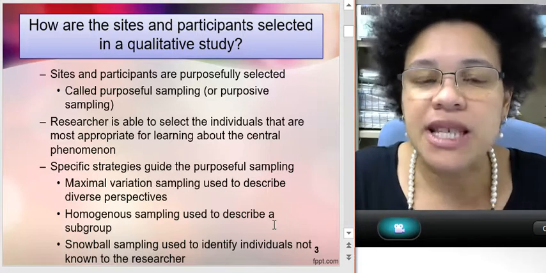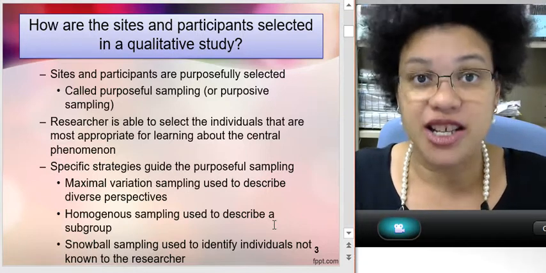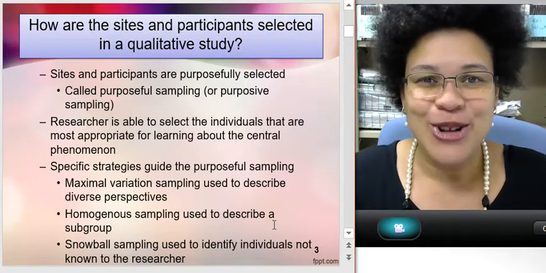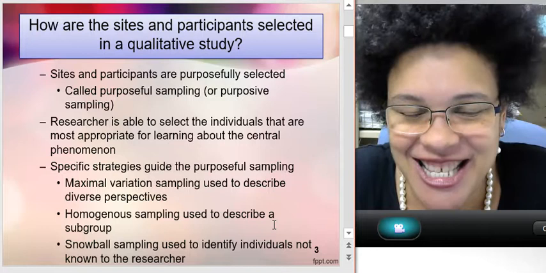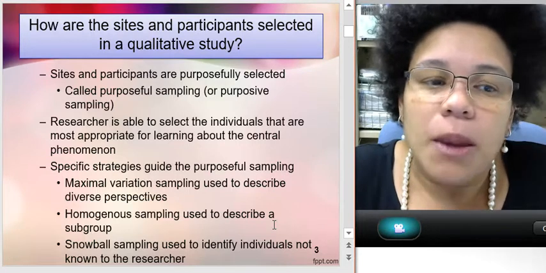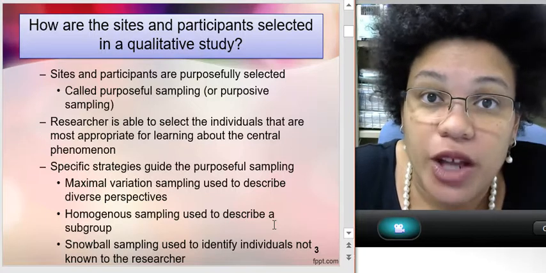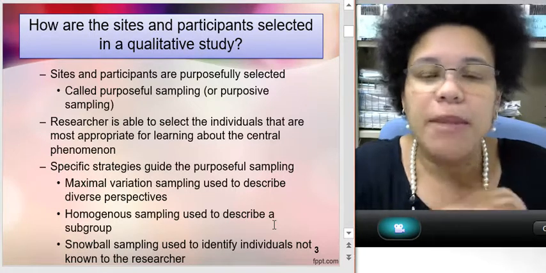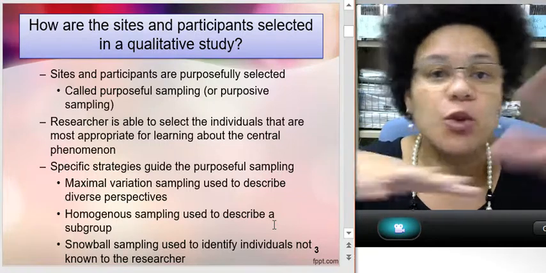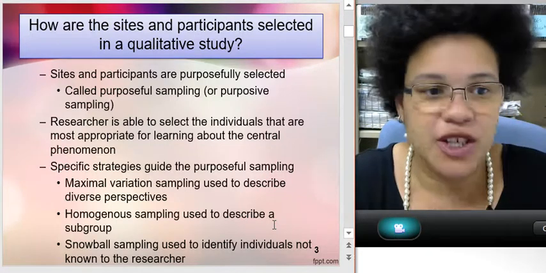There are a lot of different strategies, and some of you noticed that table with all of the different sampling strategies listed. Maximal variation is one way of going about it. Maybe you want many diverse perspectives, so you're going to try to get people with a bunch of different backgrounds or perspectives.